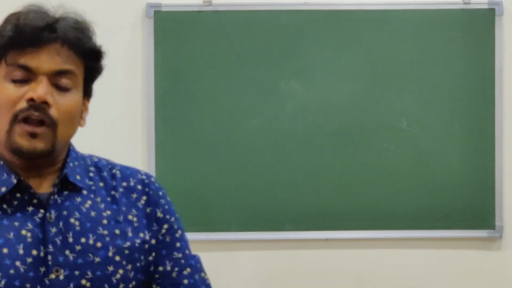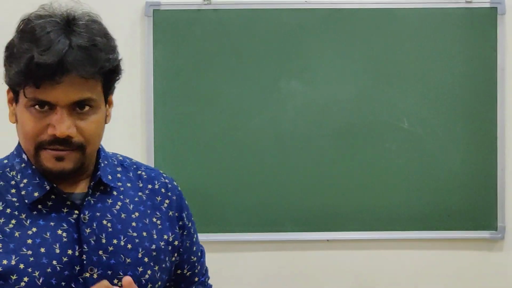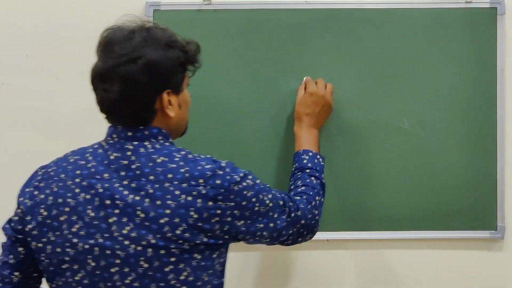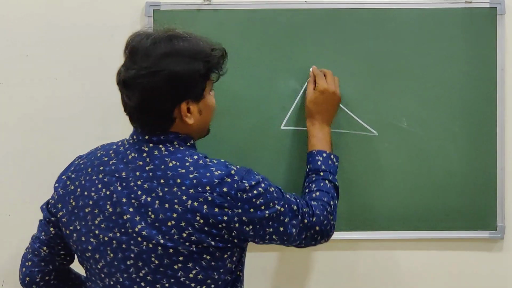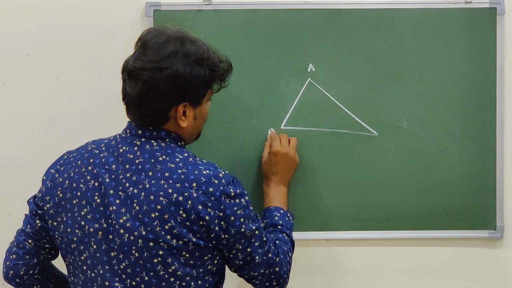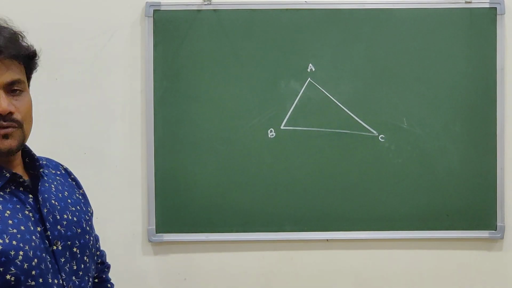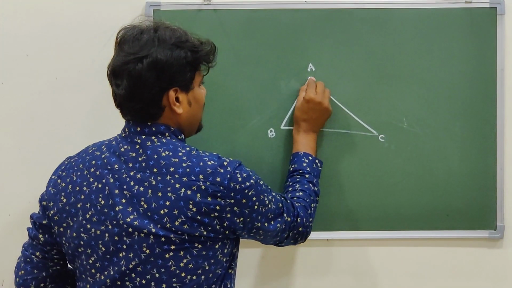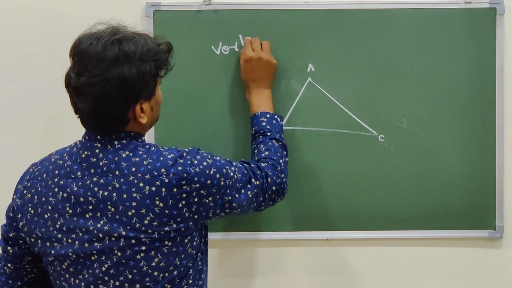Now, what do we do when we have to find the area of a triangle? Let's see. First I draw a triangle like this. And I name it A, B, C. The triangle that you see, these 3 are called the vertices of the triangle.